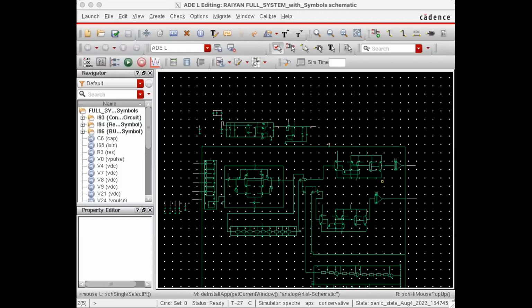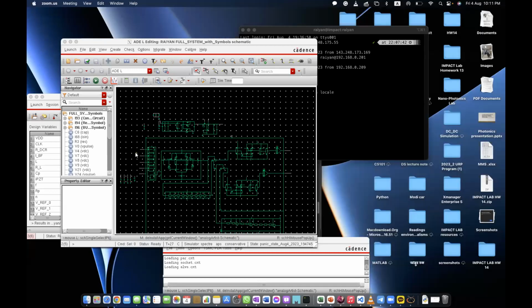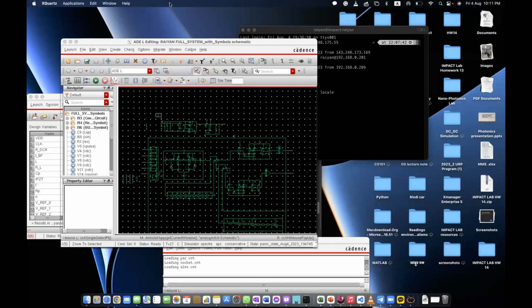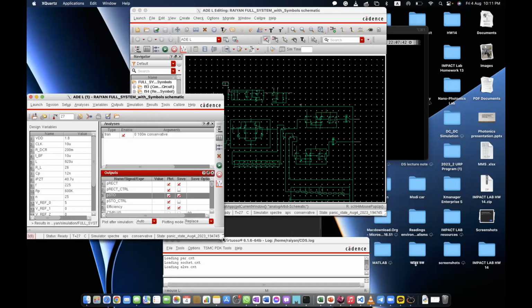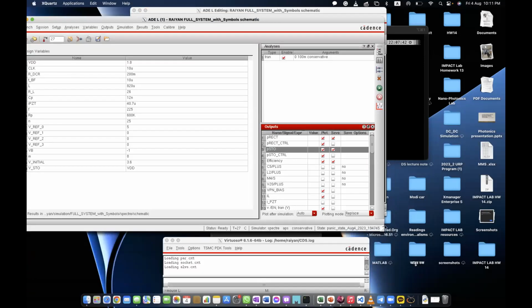Okay, my screen. Actually, I don't have any presentation today as I just made the whole system schematic and designed the parameters, but there were some problems. Cadence crashed twice while simulating, and it takes a lot of time.